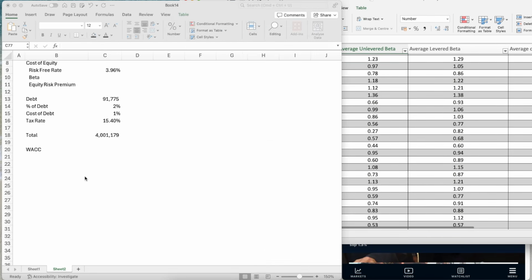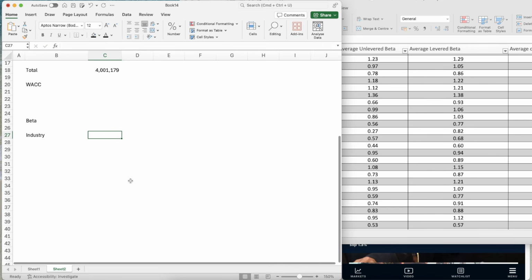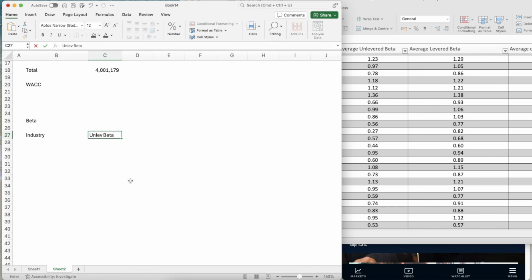So what we do for the beta, we take industry, then we look at what the unlevered beta is. We look at what the revenues for that specific part are.